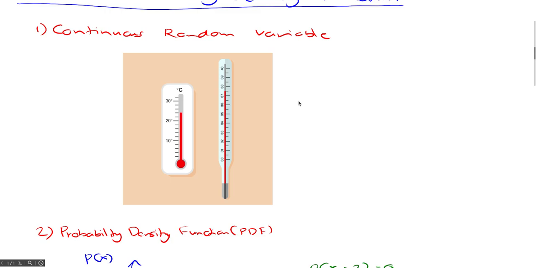The temperature isn't just limited to 1, 2 or 3 degrees. It can be any number between 0 and 100 degrees like 25.3, 25.34 or even 25.3456. There is no smallest unit. You can keep going infinitely. That's the essence of continuous variables. They can take on any value in a range, not just specific distinct values like 1, 2 or 3.